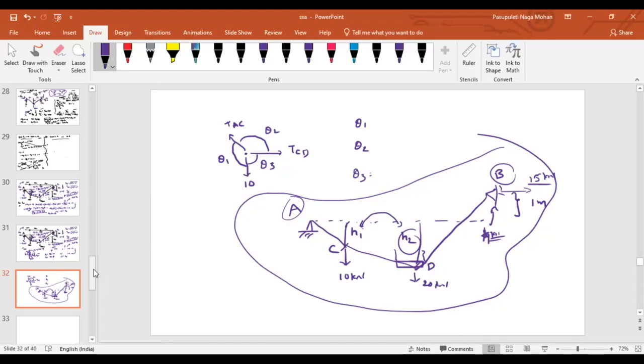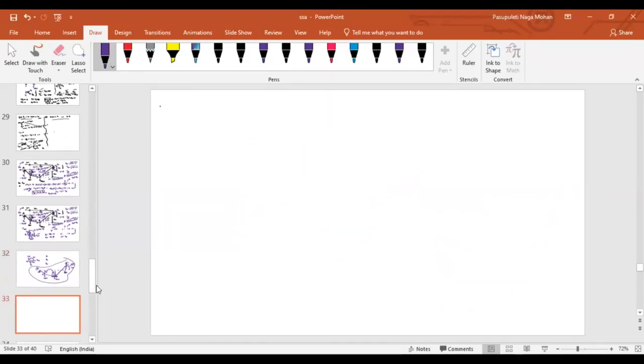Clear? Now, let us talk about the UDL loadings. Imagine there is a cable. If it is subjected to UDL loading, then the deflected shape will be in the form of a parabola. Now here the point is where I am applying the loading. If I apply the load on the horizontal span, that means there will be another span.